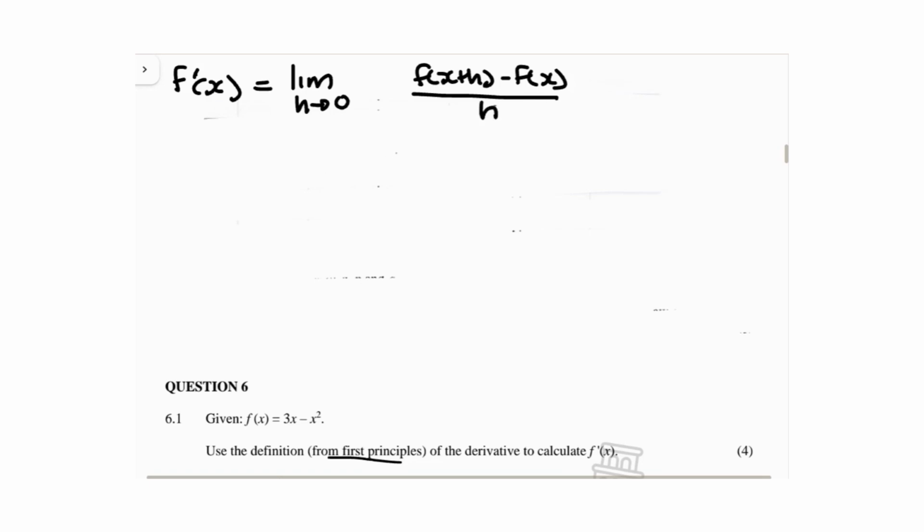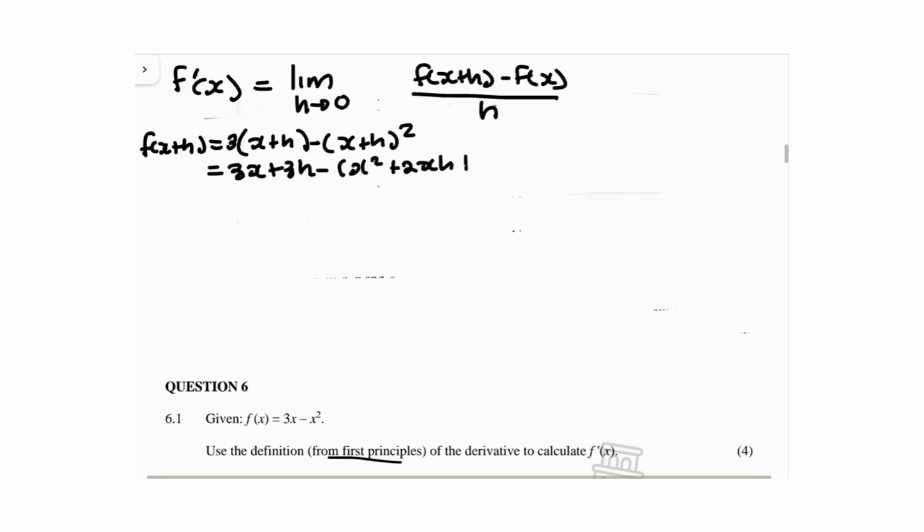Starting with f(x + h), remember, where you see x, you're going to put x + h. So we have 3(x + h) - (x + h)². That would now be 3x + 3h - (x² + 2xh + h²), and as a result we have 3x + 3h - x² - 2xh - h².